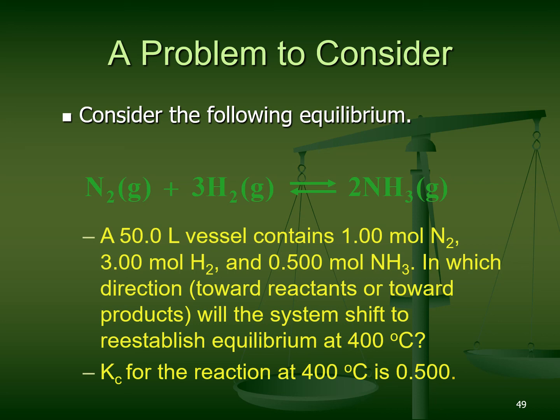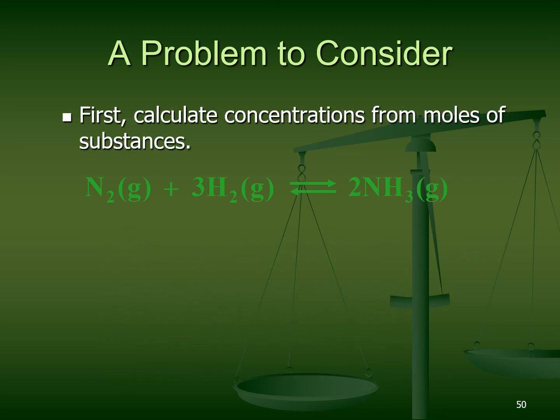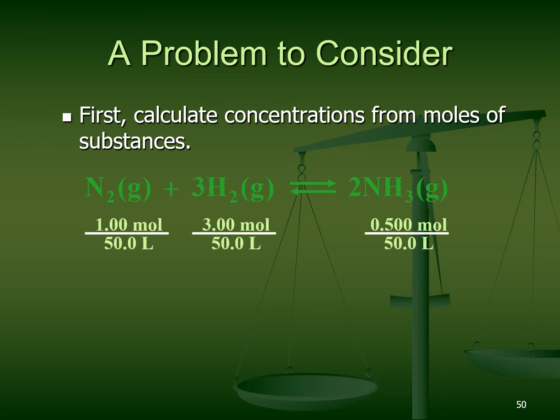So what we're going to do is find the Q value. We have to be really careful because we do remember that those brackets mean molar concentration. So if they give you moles and they give you volume, make sure and find the molarity first. So we know that there's 1 mole of N2, 3 moles of H2, and 0.5 moles of NH3, but we want to divide by the volume, 50 liters in this case.